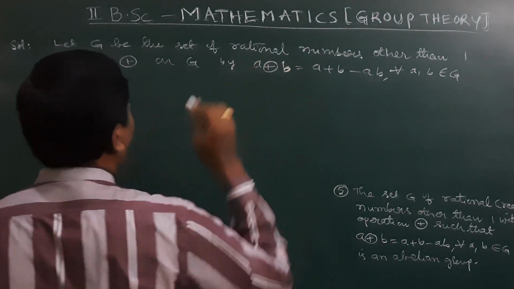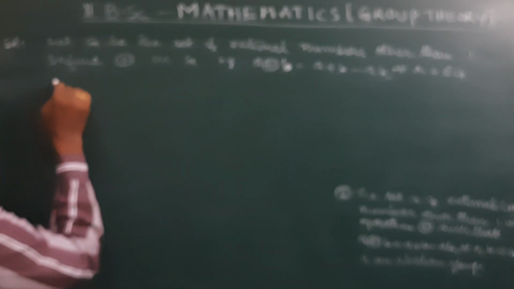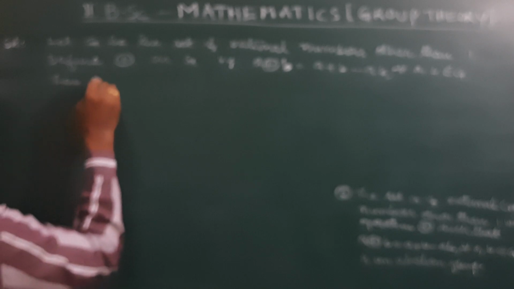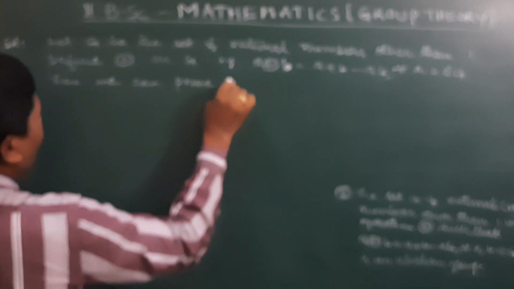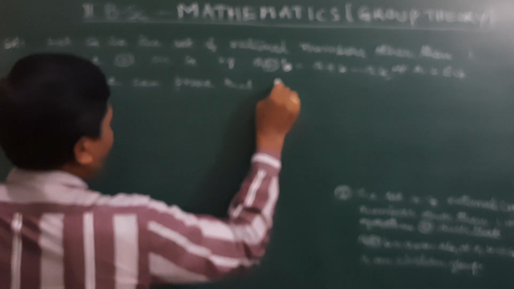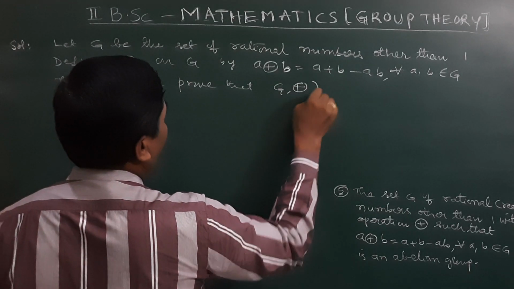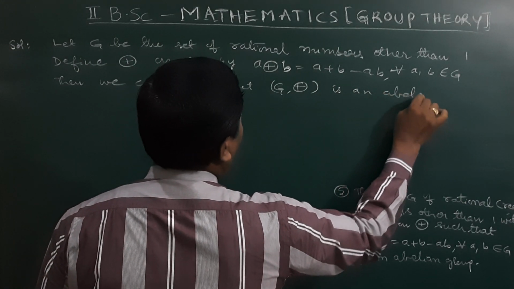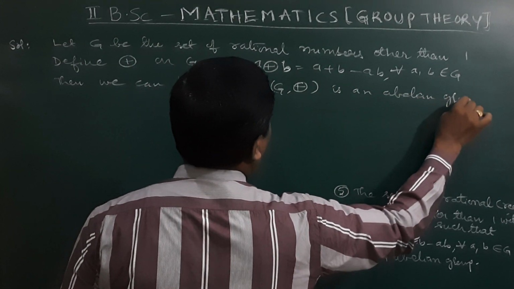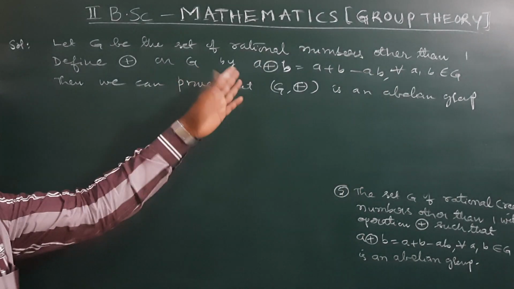Now what we are proving is that G with plus circle is an abelian group.